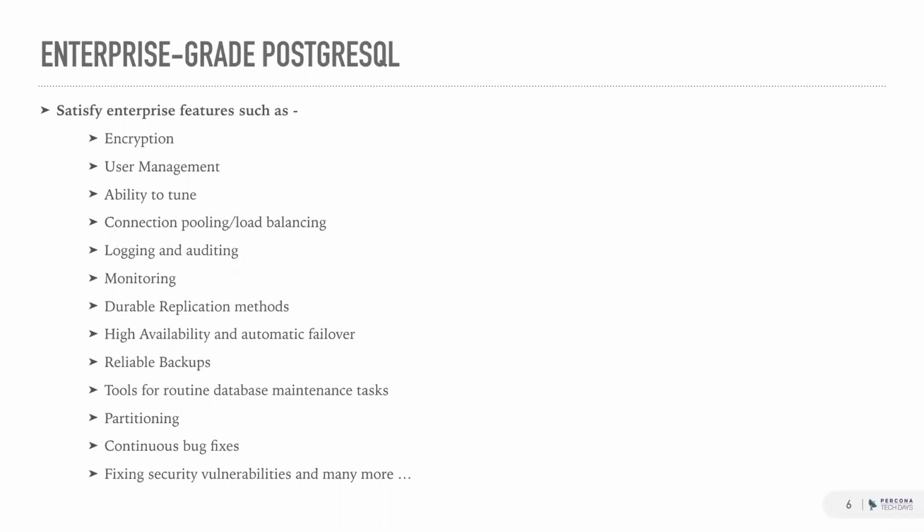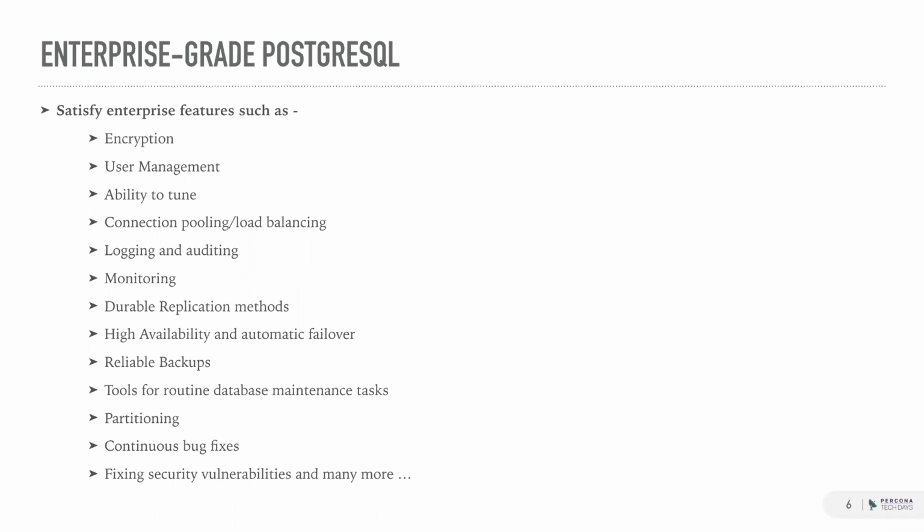So what are the usual enterprise-grade Postgres features that we hear? Some features such as encryption, user management, wherein you do a proper segregation of users and roles, the ability to tune your database. And there is a much bigger list. You want to implement load balancing, scale your databases, and at the same time implement connection pooling, do proper auditing, monitoring, and build high availability using robust replication methods.